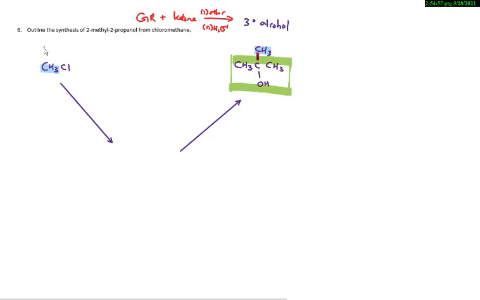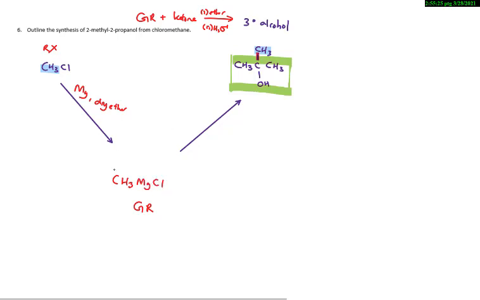This is our haloalkane here. Before we produce our final product, you must have the Grignard reagent. So first, think about how to convert the haloalkane into the Grignard reagent. It must undergo reaction with magnesium in dry ether solvent to get CH3MgCl.